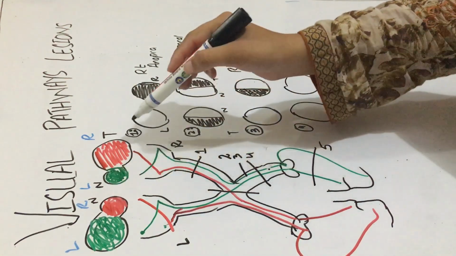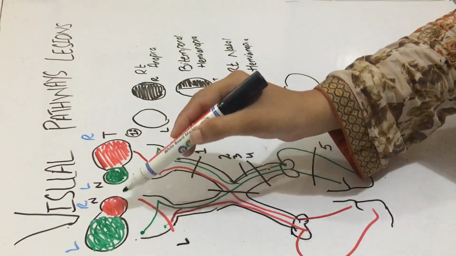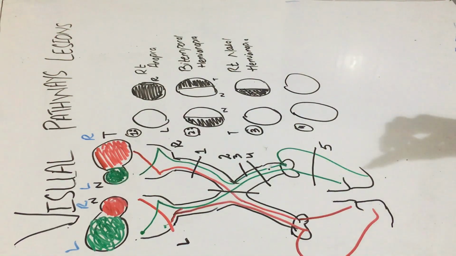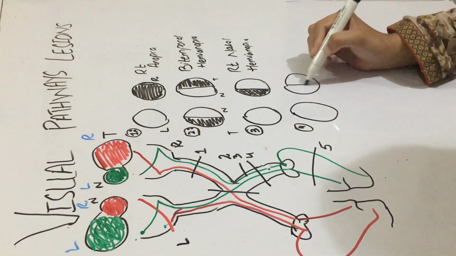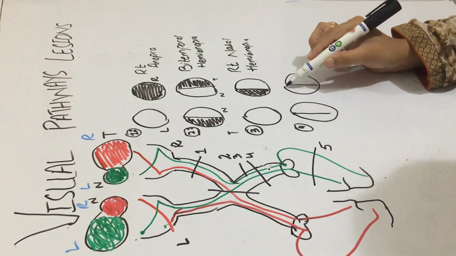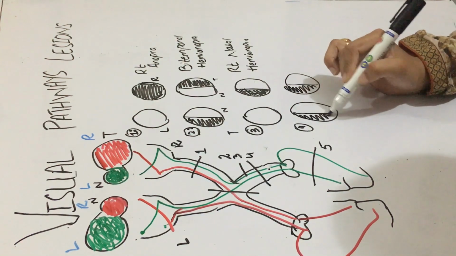So in the right eye, the left visual field is affected, and in the left eye, again the left visual field is affected. So you can say that there is left homonymous hemianopia. And how I will draw it: both left sides are affected.